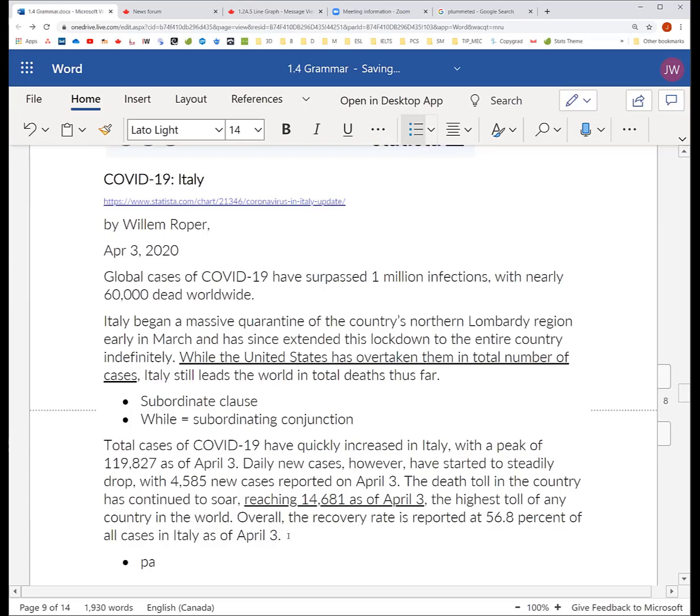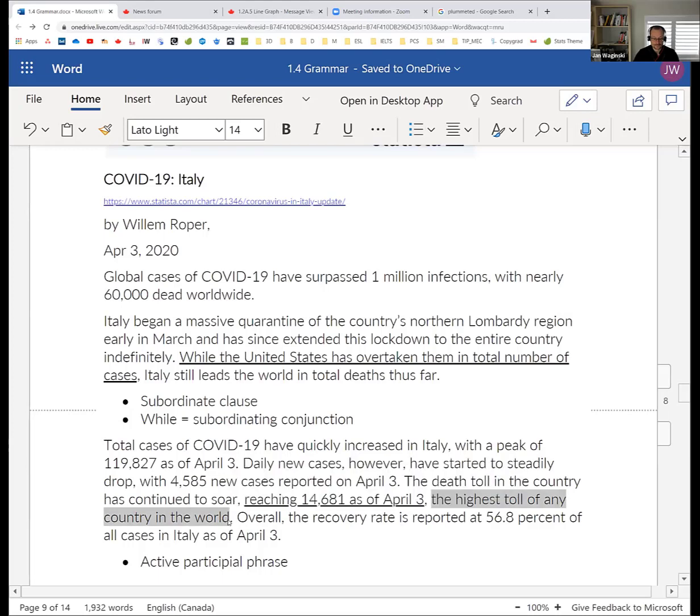Participle phrase, I think. Good. Active or passive? Active. This is active. And then how about this thing that's right after it? Appositive.